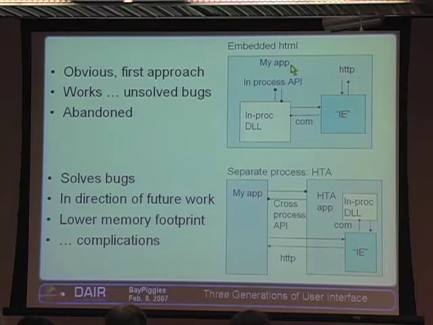My application now can use Windows API to talk to the in-process DLL, again with ctypes. It also sets up an HTTP server internally so that it can talk to the HTML, right? And that's clean, it's nice, and it's about 97% functional.